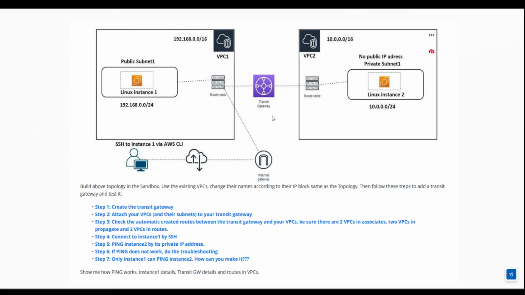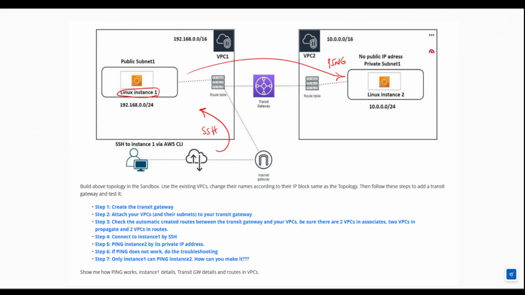Instance 1 in VPC 1 has SSH enabled and a public IP address. First we SSH to this instance, and then we ping instance 2 in the second VPC. If ping works, then from the networking side we are fine, and we could use Transit Gateway. So let's try it.